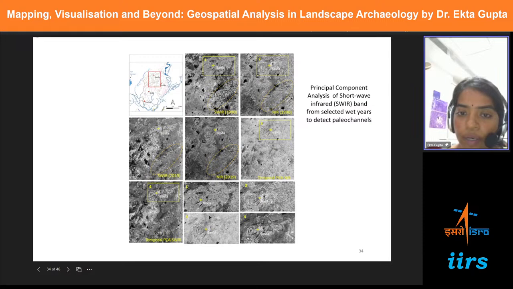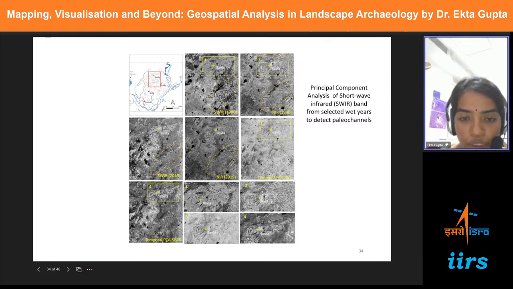So we used one particular band of Landsat, that is the shortwave infrared band, where water absorbs this wavelength. So the paleo channels are better visible in this wavelength. What we did, we tried to extract images of wetter months of wetter years, and then combine.